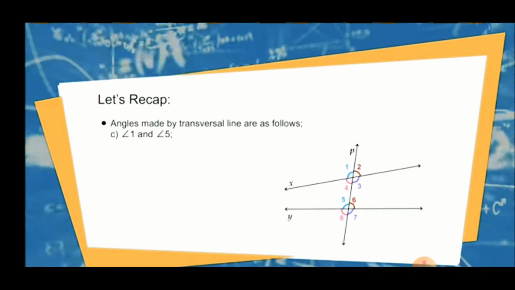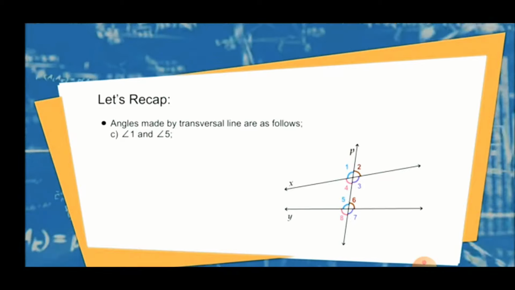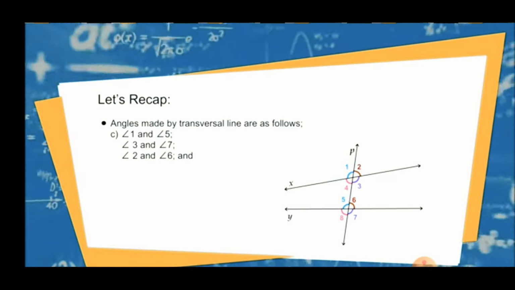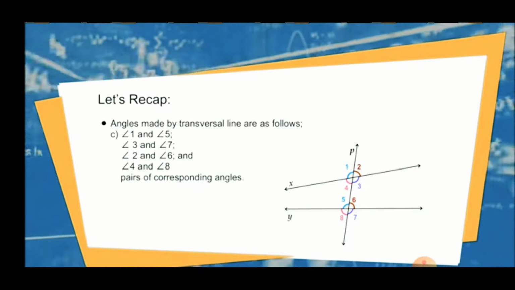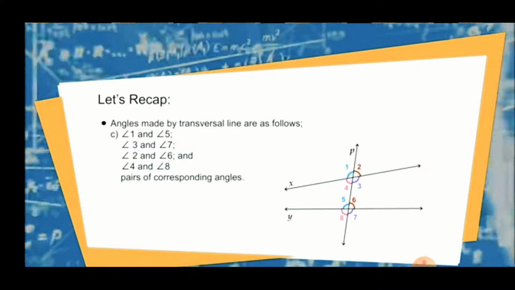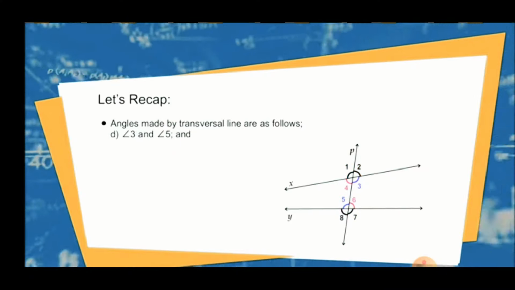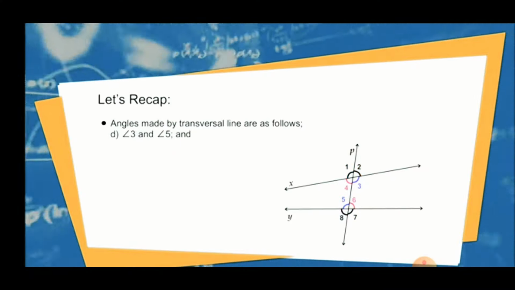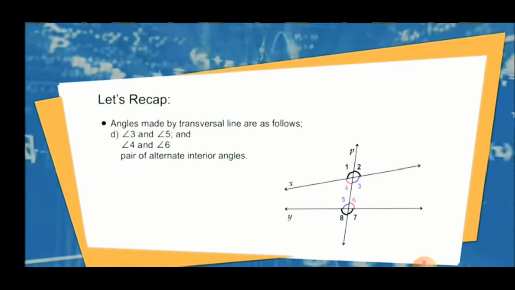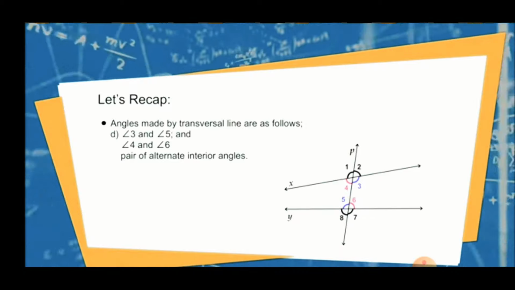C, angles 1 and 5, angles 3 and 7, angles 2 and 6, and angles 4 and 8 are pairs of corresponding angles. D, angle 3 and angle 5, and angle 4 and angle 6 are called pairs of alternate interior angles.